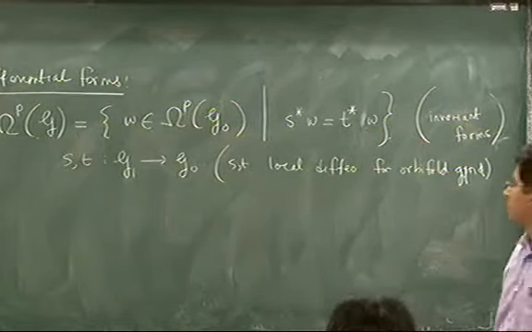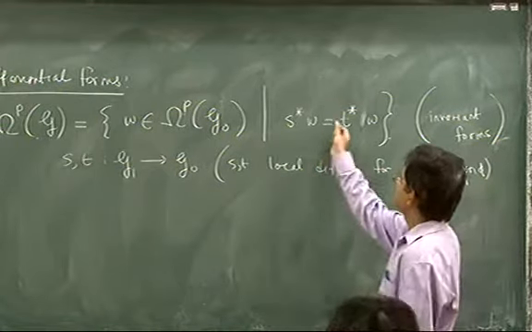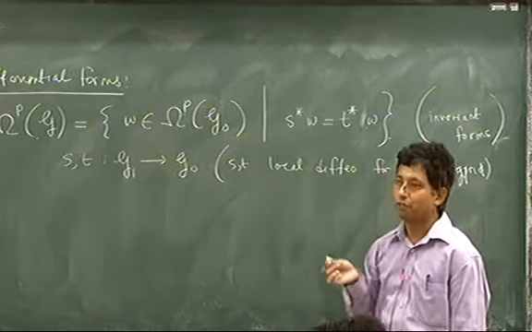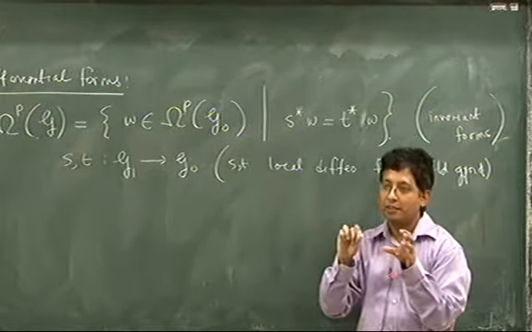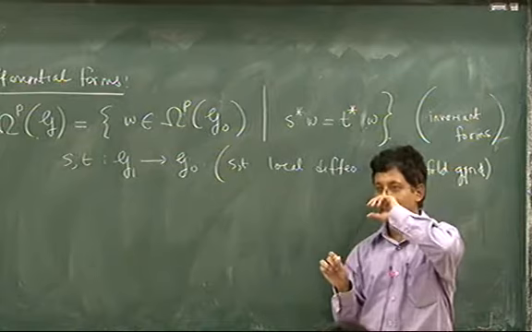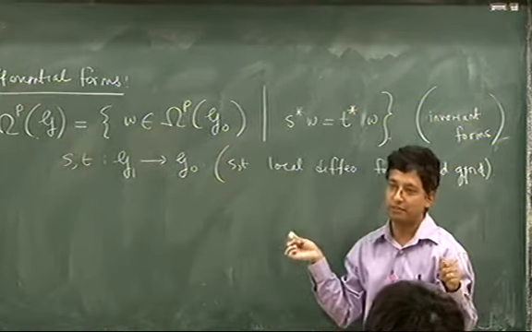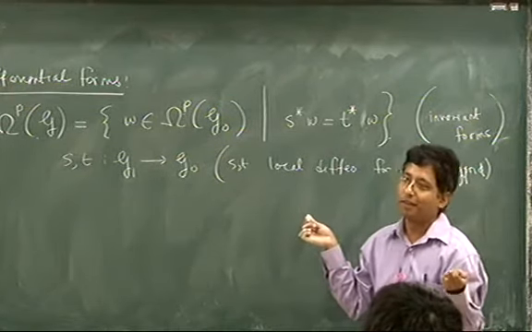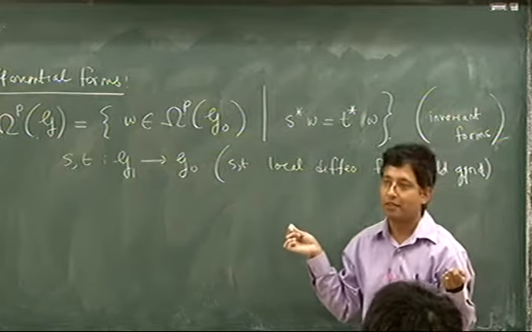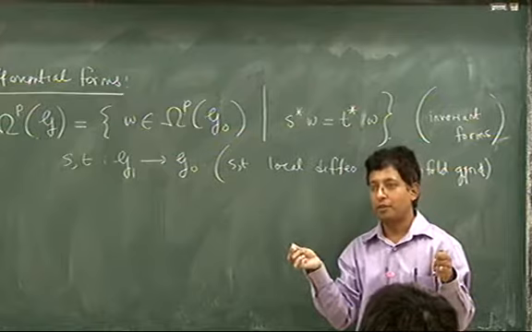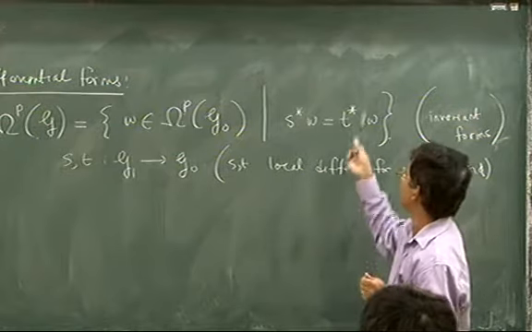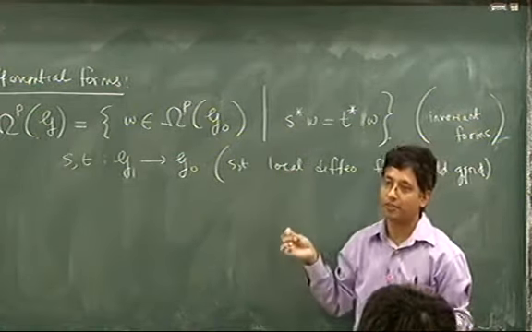When you translate, if you think of S and T as diffeomorphisms, you can write these arrows as S inverse T or something. And then it just means that you have a diffeomorphism and the pullback of the differential form is itself.